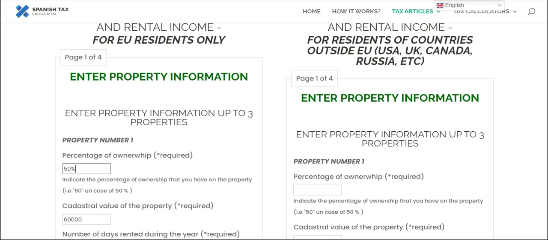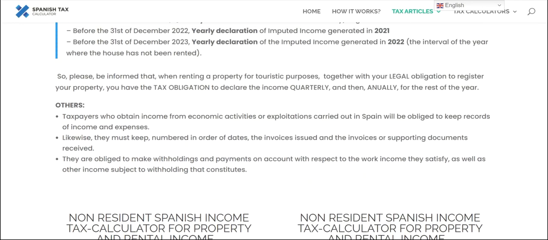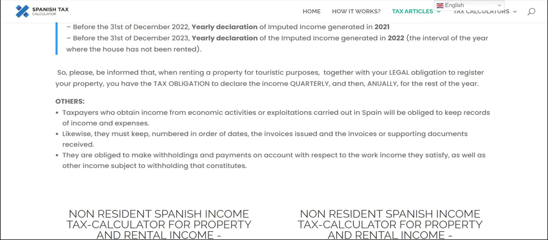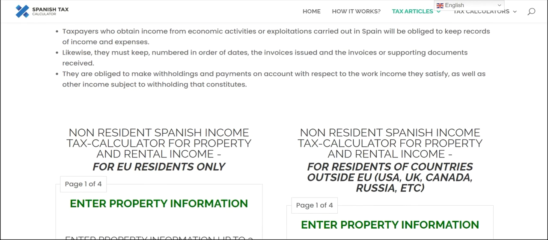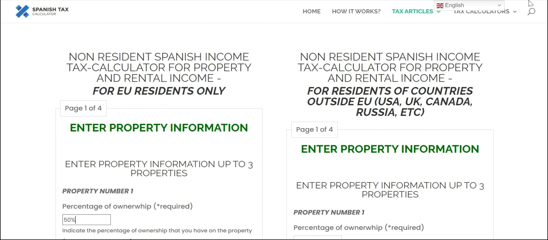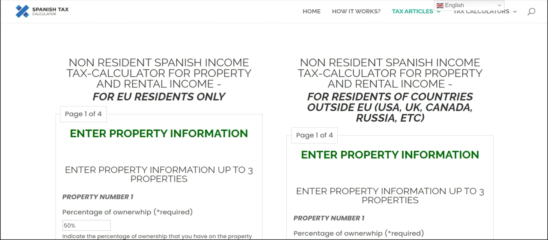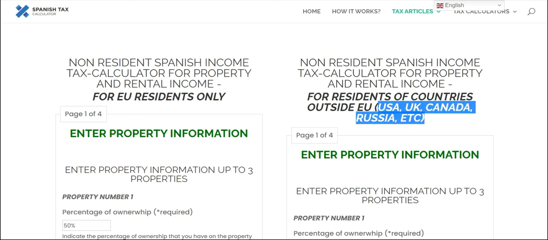Now we will calculate how much tax to pay when you are non-resident in Spain, you own a property, you rent it out, and you are a resident or citizen of a country outside the EU, for example USA, UK, Canada, Russia, etc.